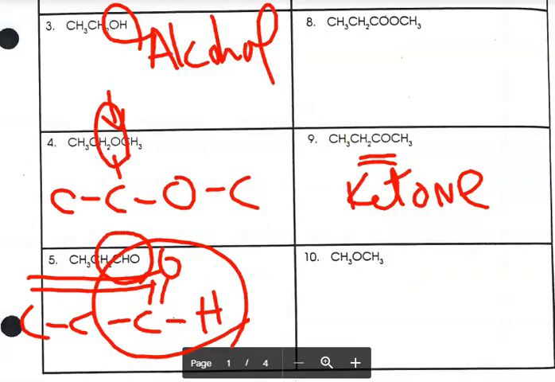And then finally in number 10 again, notice I have carbons on both sides and then just an oxygen without anything else. That again is going to be an ether. This looks just like this one.